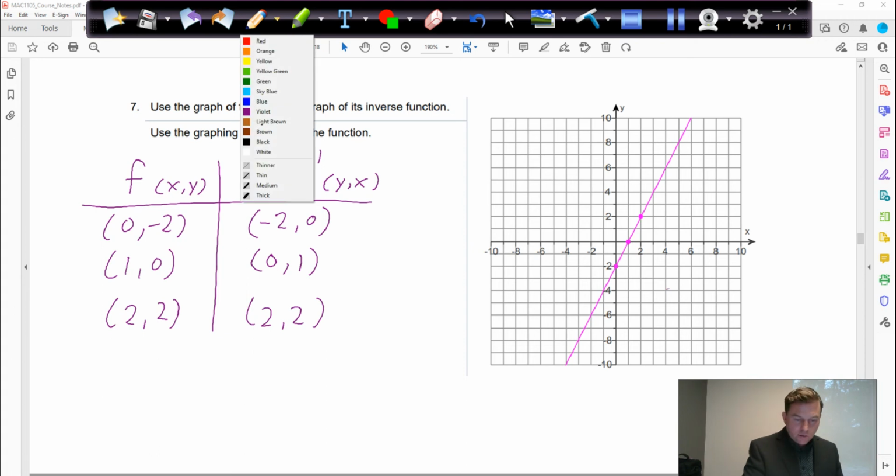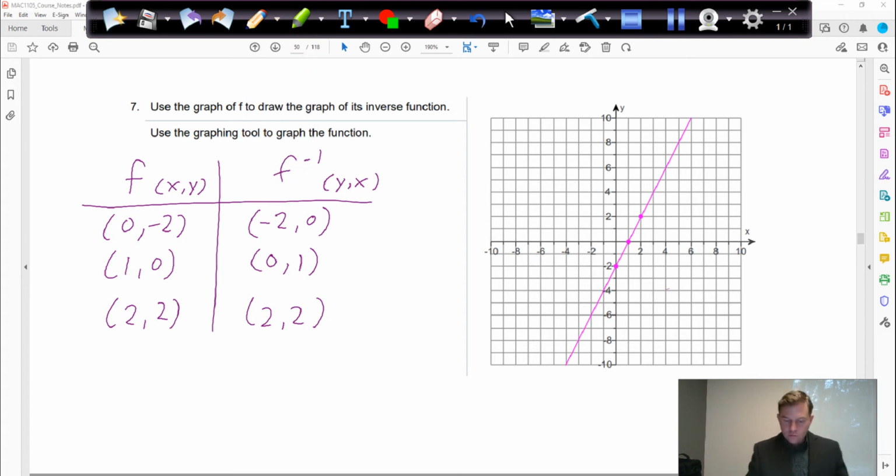So let's do a different color. Let's say green. So I just have to plot these points. Minus 2, 0 would be here. 0, comma 1 would be here. And 2, comma 2 is the shared dot they have right there.